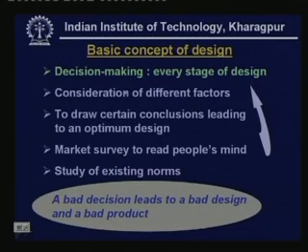Every stage of design means you take this, think it over, and go again through the decision making procedure. Once you have finalized all these ideas together, you come to a conclusion, again the same decision making, which is the basis of design, and that is what we call the basic concept of design. You understand a bad decision leads to a bad design and a bad product. That is the gist of taking a bad decision.